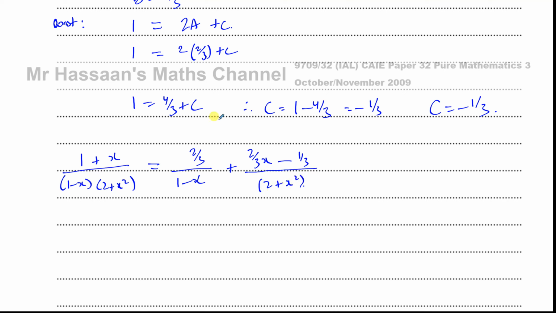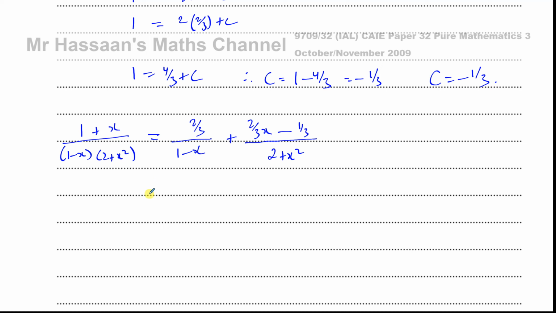Now, obviously, this is not a proper way of writing the answer with fractions inside a fraction. So you won't get the full marks if you leave your answer like this. What I'm going to do is write this as 2 over 3 times 1 minus x, plus 2x minus 1 over 3 times 2 plus x squared.